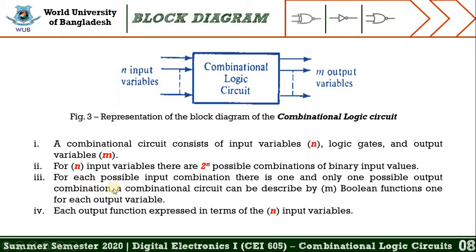Next, for each possible input combination, there is one and only one possible output combination. A combinational circuit can be described by m Boolean functions, one for each output variable. Last, each output function is expressed in terms of the input variables. The number of input variables is symbolized by small letter n. So let's move into the next slide.